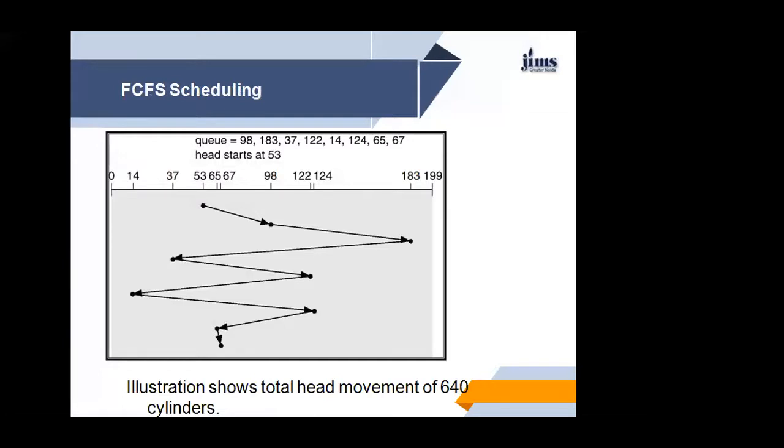If the requests for cylinders 37 and 14 could be serviced together before or after the requests at 122 and 124, the total head movement could be decreased substantially and performance could be thereby improved.